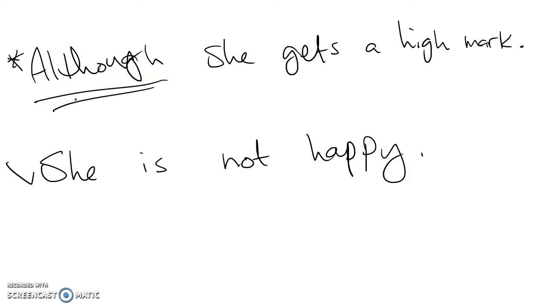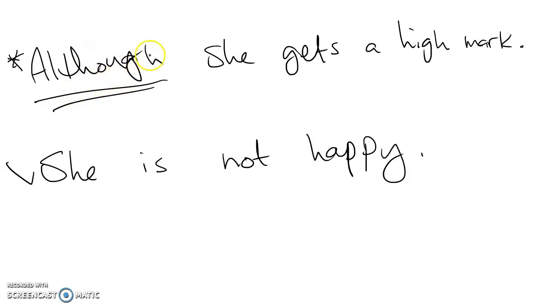Although in grammar is considered a subordinate. Now, the subordinate words or subordinate conjunctions, if they become a part of a clause, will make this clause a dependent one.